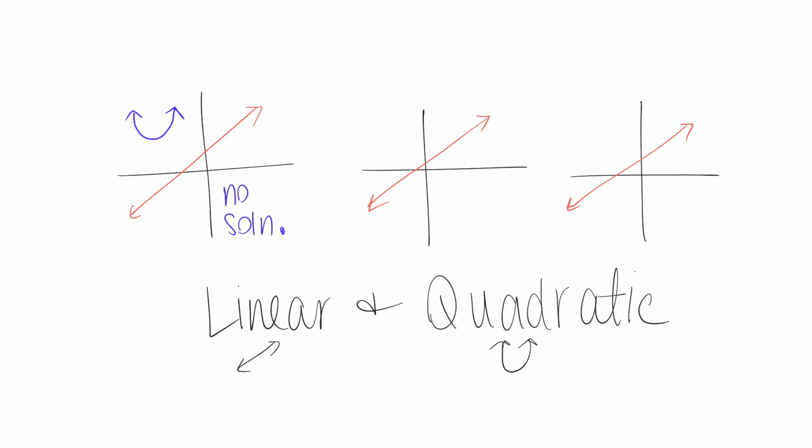We could also have one solution if our parabola and our linear line barely touch and graze each other. Or we can have two solutions, because these would cross, they would intersect in two places. So this is a little bit different.